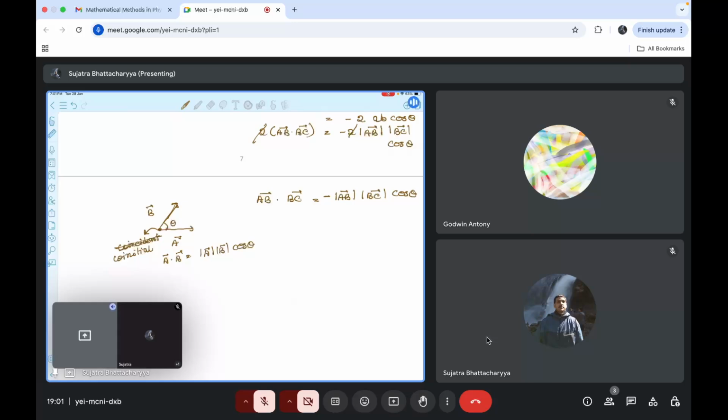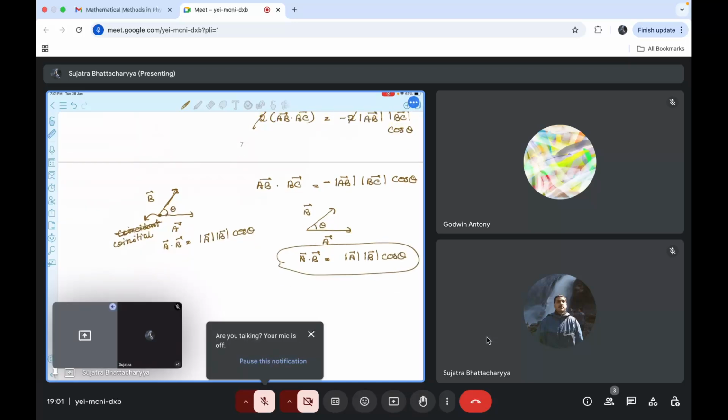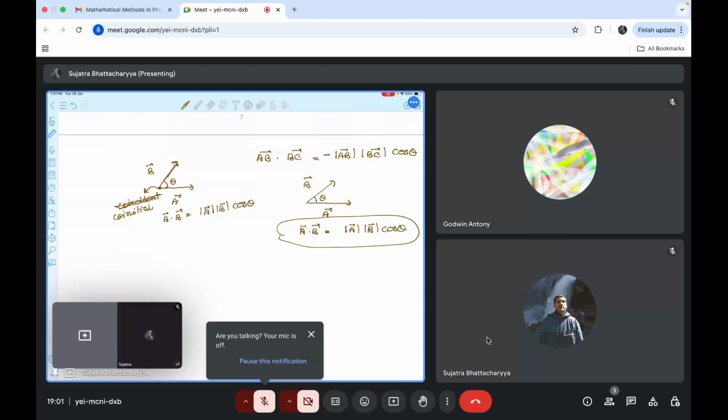So finally, you can say that if you have two vectors, say your A and this is your B and this is theta, then you can write A dot B is equal to mod A mod B cos theta. This is your dot product. No need to worry about any other things.